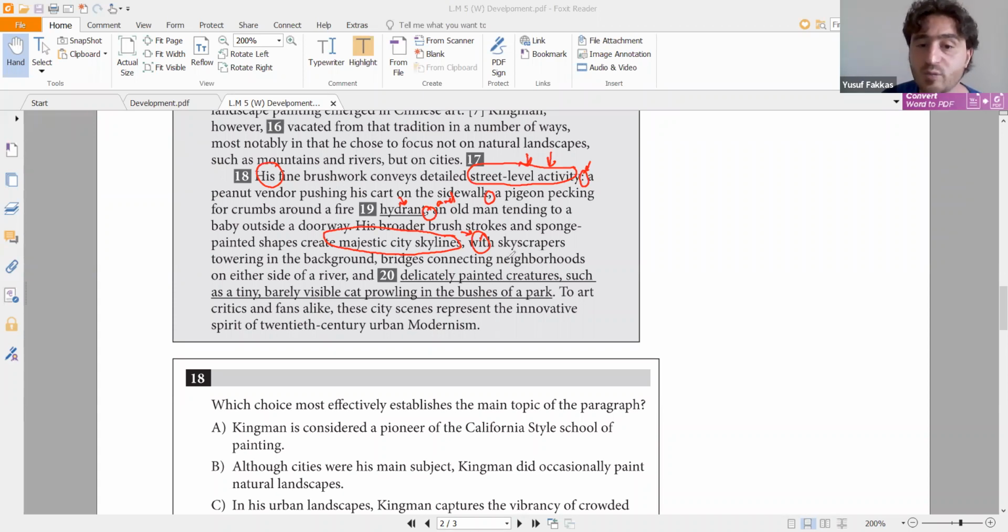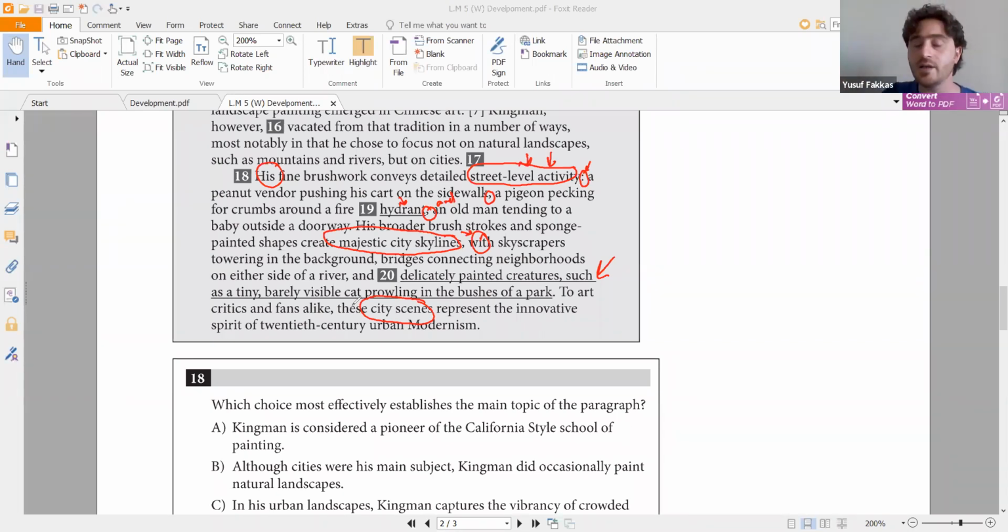The second example is bridges connecting neighborhoods on either side of a river. Since this sentence is underlined, you don't have to read it, because there's a question about it and it might be changed. So it will not help you. At the end, to art critics and fans alike, these city scenes. We summarized now. This is what the concluding sentence does in the paragraph.